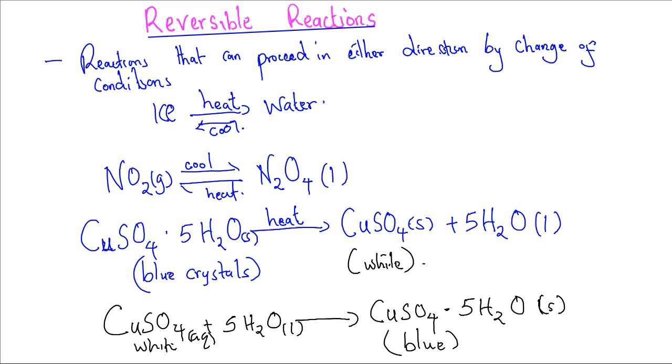When solid ammonium chloride is heated in a test tube, it decomposes into ammonia and hydrogen chloride gas, which when reacted again form solid ammonium chloride.